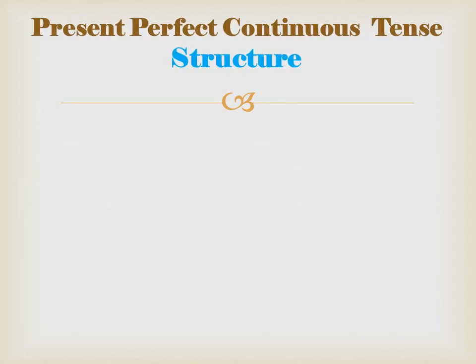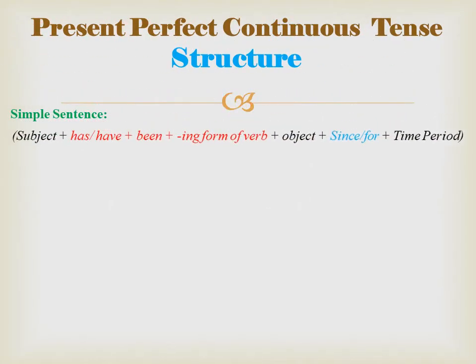Here is the structure of present perfect continuous tense. Simple sentence: subject plus has/have plus been plus ing form of verb plus object, then since, for, and then time period in the end.